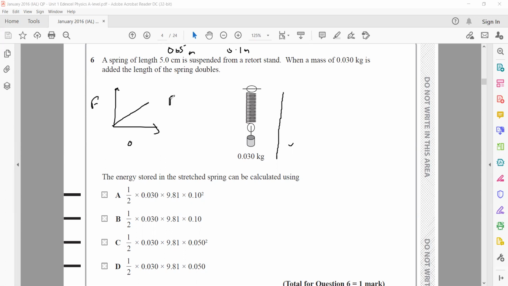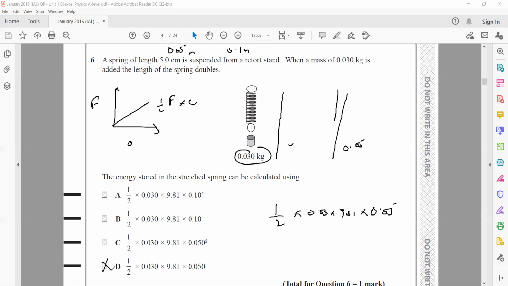So it is half force into extension. The force we are applying is equal to the weight, so 0.03 multiplied by 9.81 and times the extension. How much increase in length is there? Originally it is 0.05 meter and then it becomes 0.1 meter, so the extension is 0.05. So D will be the right answer.